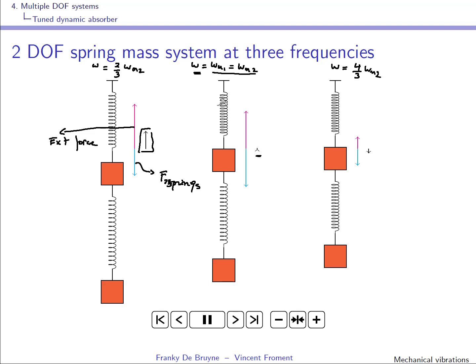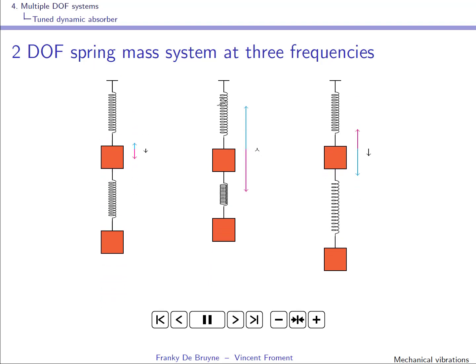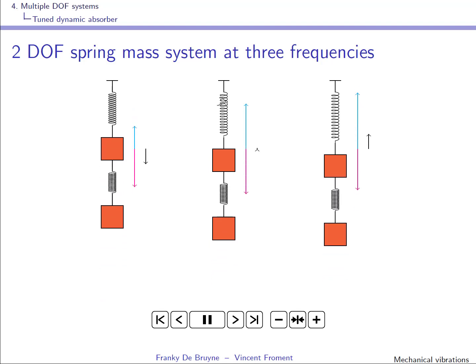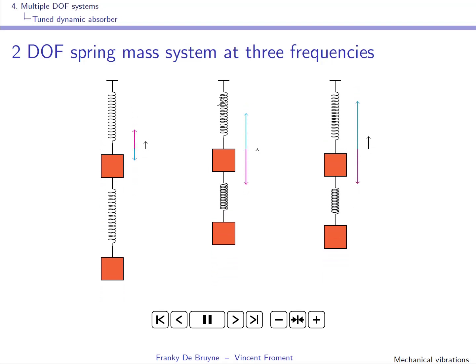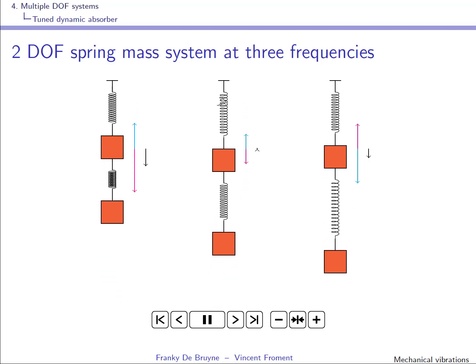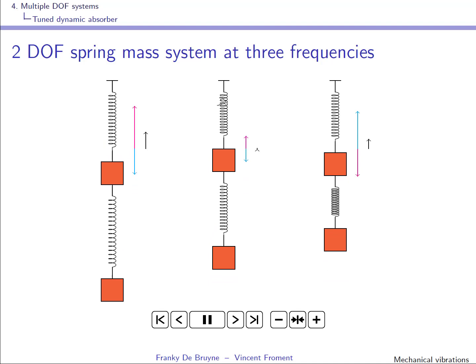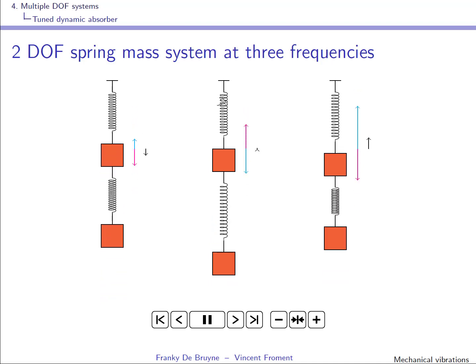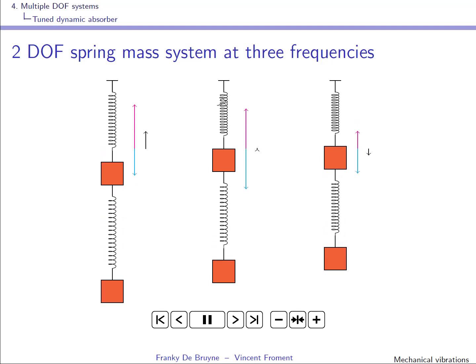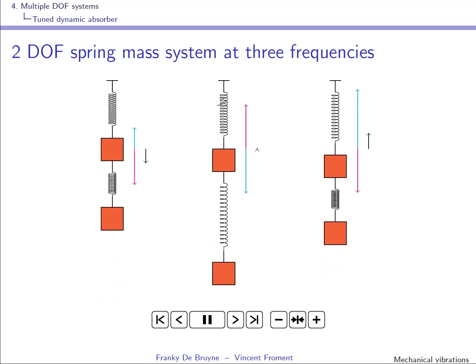So let's run it. Okay, so this is exactly what you see, and you see that the first mass, of course, does not move. You see on the left that predominantly the first mode is excited, and remember that in this first mode the 2 masses are moving in phase, right?